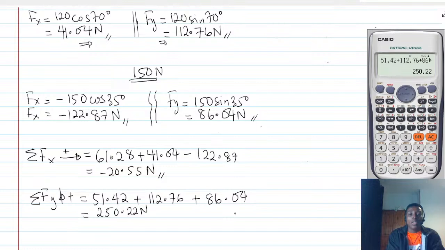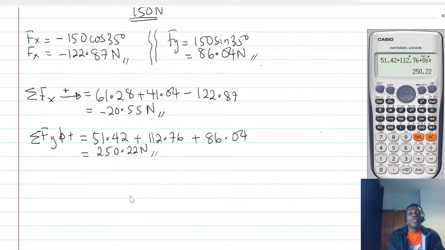All right. So I've got the x component and then I've got the y component. Is that right? Now, how do you find the resultant? Okay. So this is how we are going to do it.